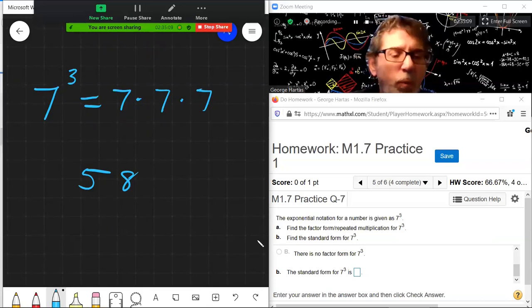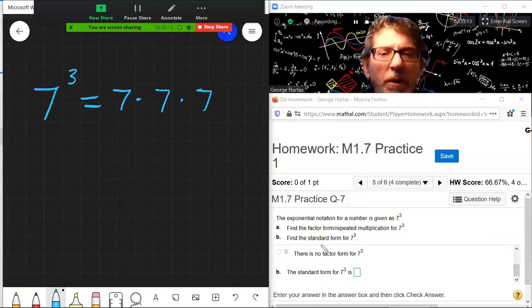So what do they really want us to do here? What they really want us to do is simplify, evaluate, find the standard form, all mean the same thing for this example. So we got to basically multiply 7 times 7 times 7 and put that in here. Now, from multiplication tables, I know that 7 times 7 is 49.